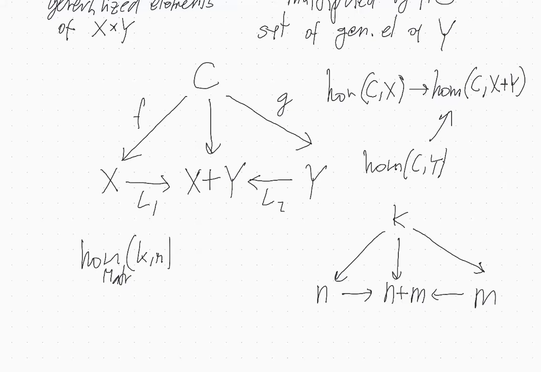So that's not the right way of going about it. What we can instead do is look at the shape of morphisms from k to n plus m that go via n or via m, and see that we don't get all of them. So if we remember the matrix here, do we remember what these are? Which matrix was I1 and which matrix was I2?